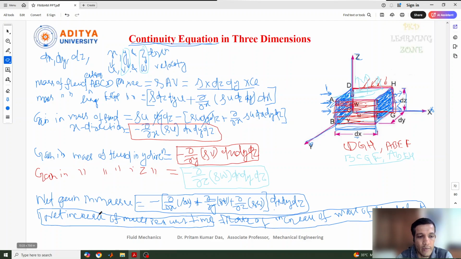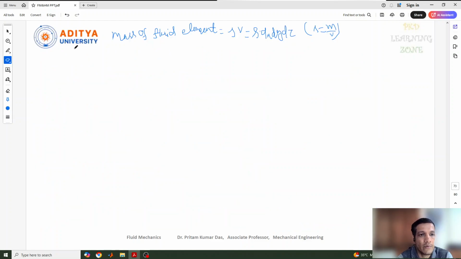Now we need to find its rate of increase with time, the net increase of mass per unit time. So write down the rate of increase of this mass of fluid with time.